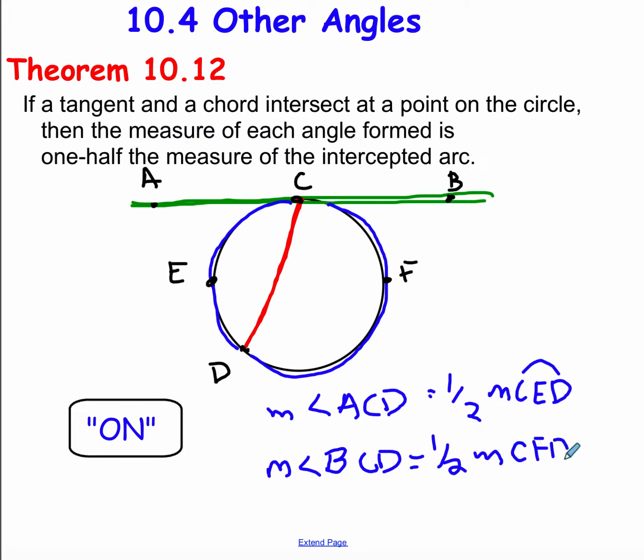So each of those angles is going to be 1/2 the measure of the arc that it intercepts. This angle here, BCD, intercepts this whole arc, arc CFD, and this angle right here intercepts arc CED on the circle. Okay?